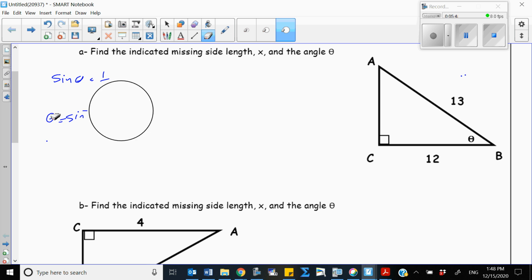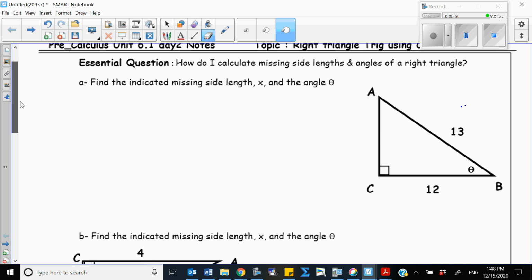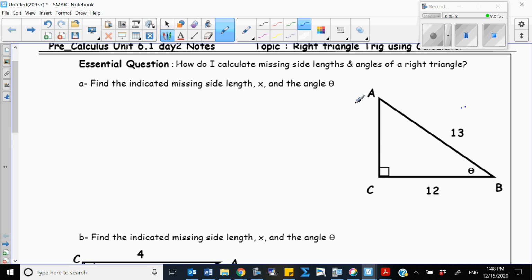Okay, so having this knowledge, let's start working on this example. We have a triangle, we have two sides, and we are looking for x, the other side, and also theta, this angle. I can easily find the side x here using the Pythagorean theorem, because these are the two legs and this is my hypotenuse.